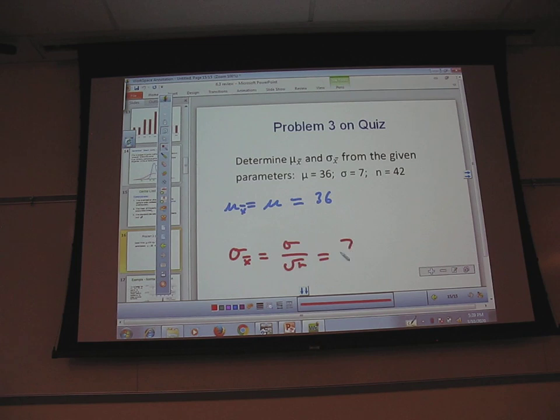So that's 7 over square root of 42, and you guys got what? 1.08. Good. If you use 1.1, I'd be okay with that also. I don't care. Either one's fine. Actually, you know what? Going more is better, because we're going to be using this for other things. So yeah, give me a couple.